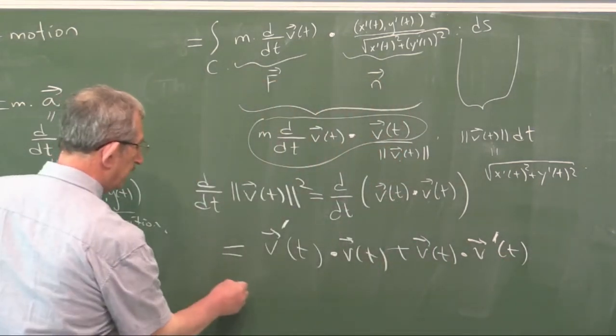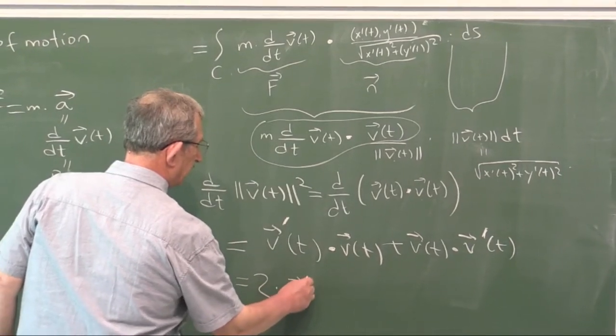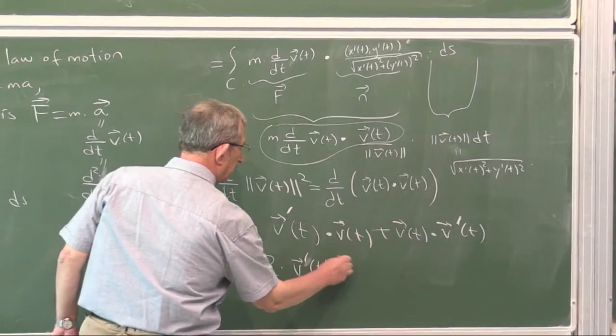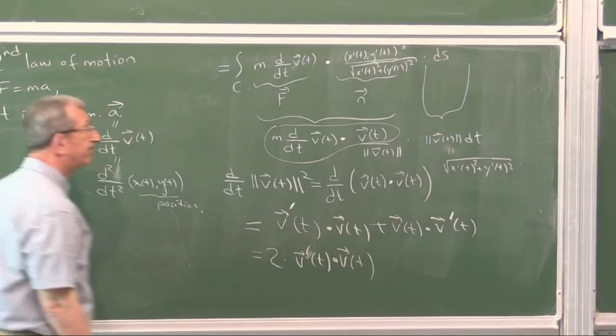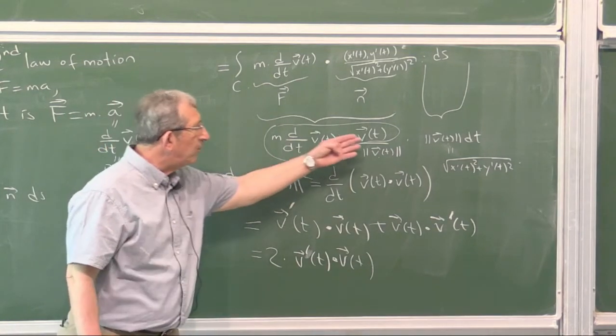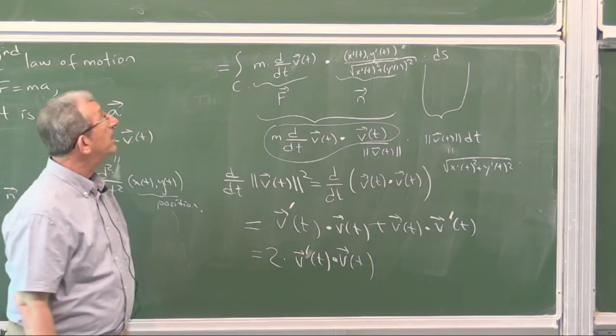In other words, it's 2 times v prime of t dot v of t. Well, what do we have here? We have the derivative of v dot v. So exactly this one.